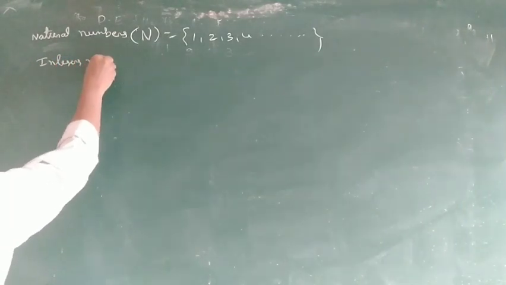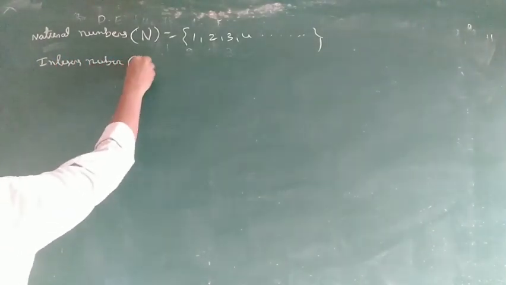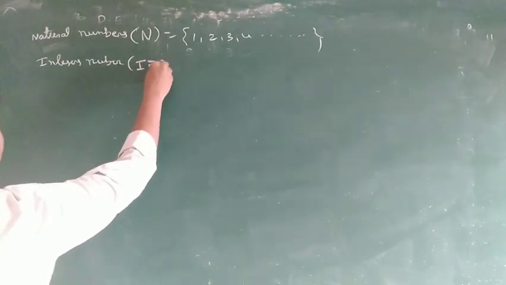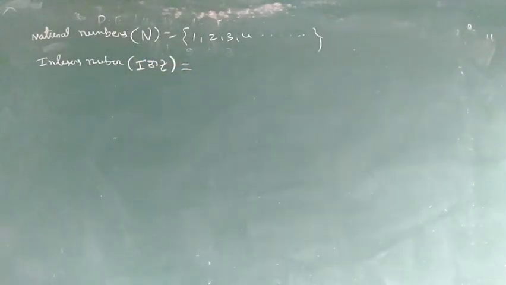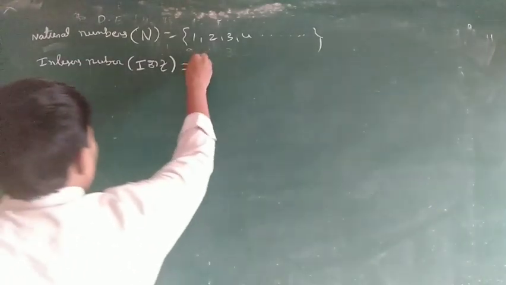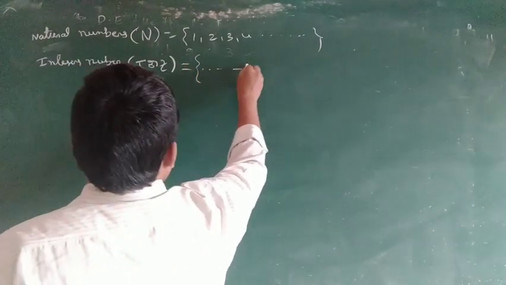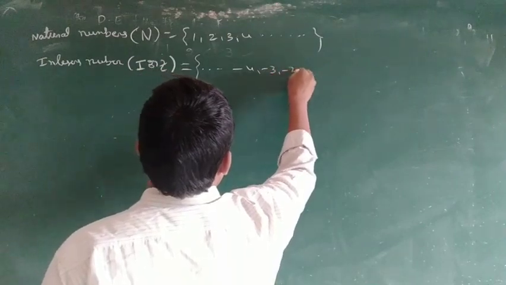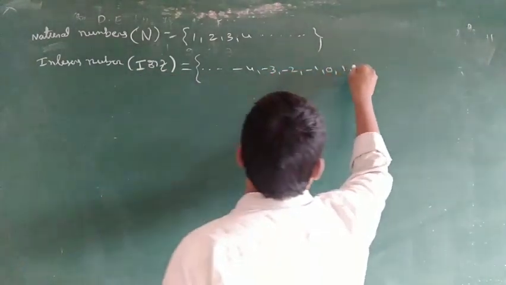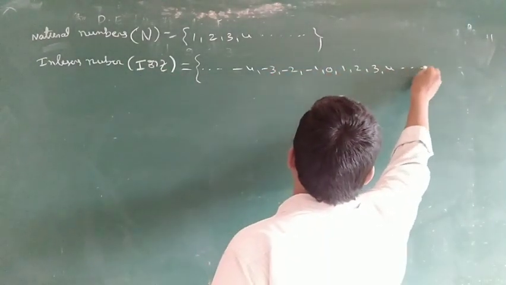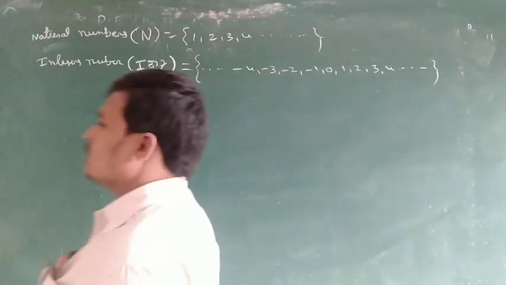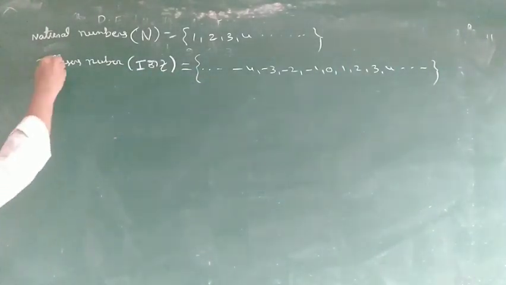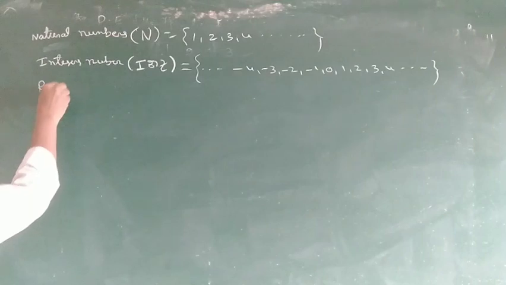Integers are denoted by capital I or capital Z. What is an integer? Minus 4, minus 3, minus 2, minus 1, 0, 1, 2, 3 and so on. This one is integers.